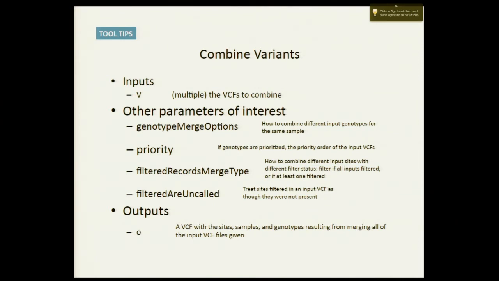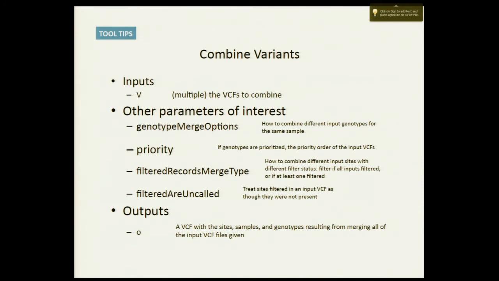Now, there are other parameters that basically take over when there are more complicated situations. So for instance, you might have call sets where at a particular site, in call set A it was filtered, in call set B it was pass filter, and you can ask, what do I do with those filters? Do I say that's filtered, or do I say that's passing filter, right? Or do I just say in one it's just treated as it's not even called, right? And what do you do if you have overlapping samples?